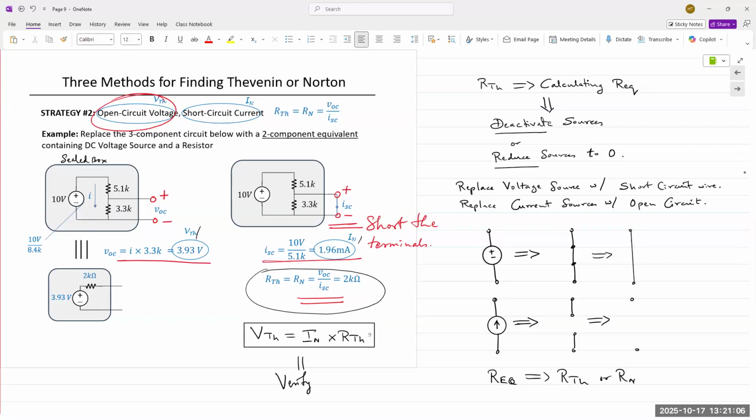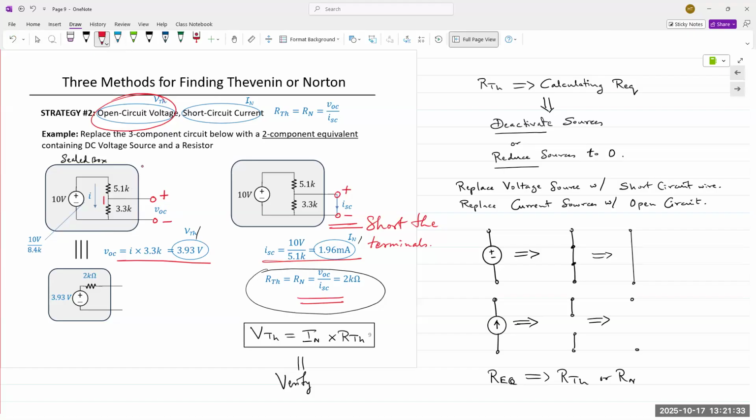A wire is simply an extension cord. It doesn't mean anything. It has 0 ohm resistance, and it's not connected to anything, so there's no pathway for current to flow through. So if you're measuring VOC between those terminals, effectively, we are measuring the voltage across that resistor, across the 3.3 kilo ohm resistor.